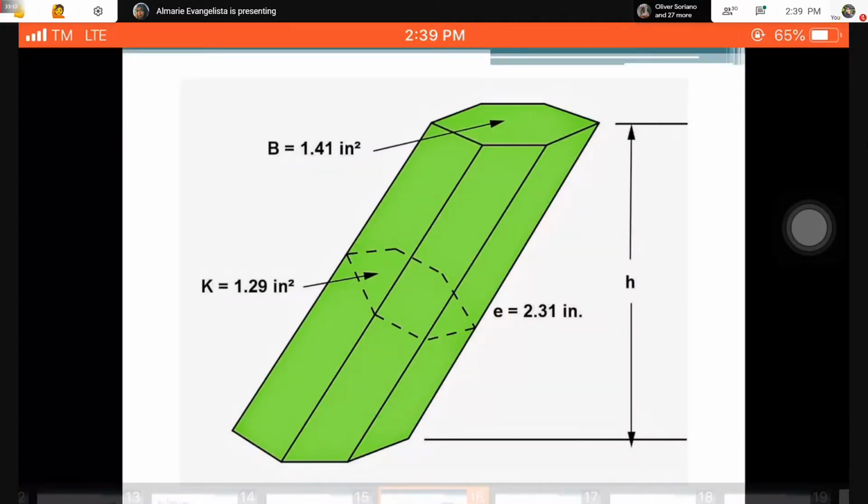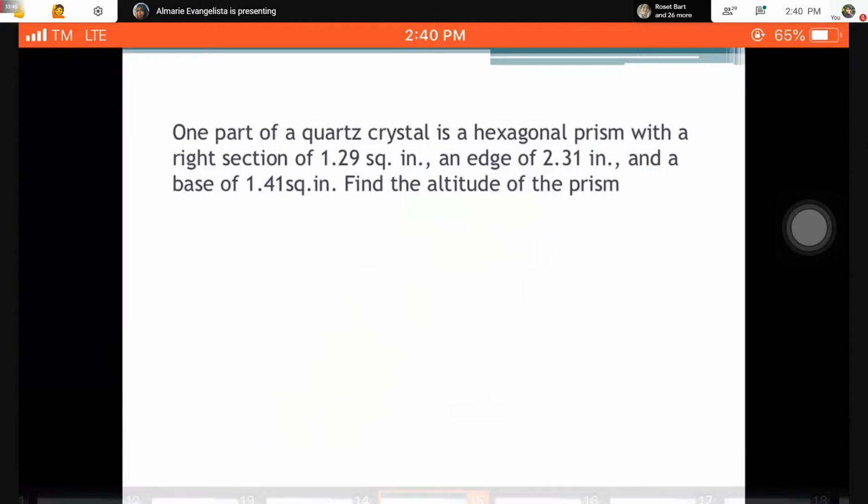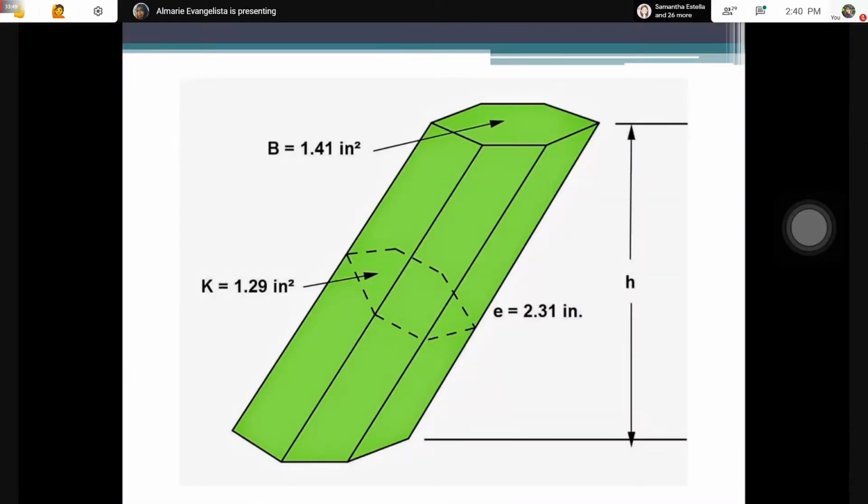So, given yung base ng prism, which is 1.41 square inches, and binigay yung edge ng hexagonal prism, which is 2.31 inches.